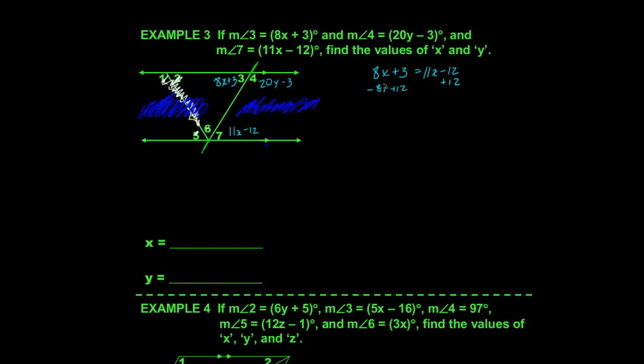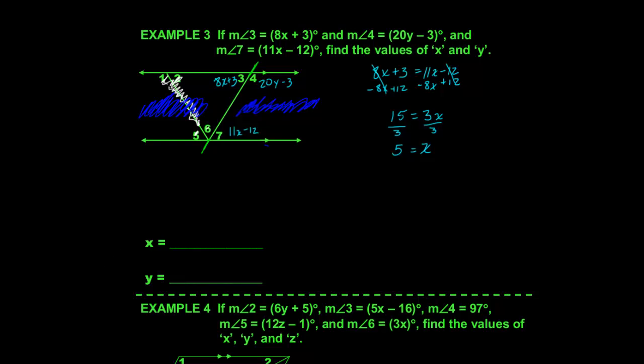Move my 8 to this side. 8s and the 12s will cancel out. We'll be left with a 15 equals, and doing our math, 11 minus 8 will give you a 3x. Divide both sides by 3. We will get x is going to equal 5.